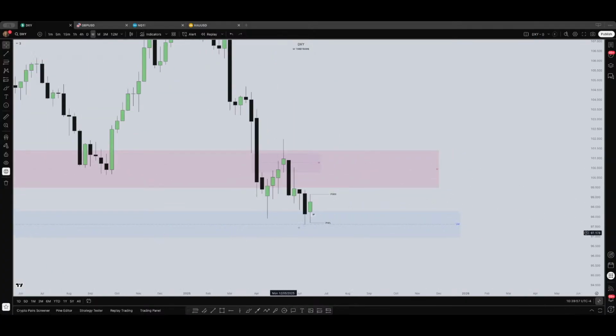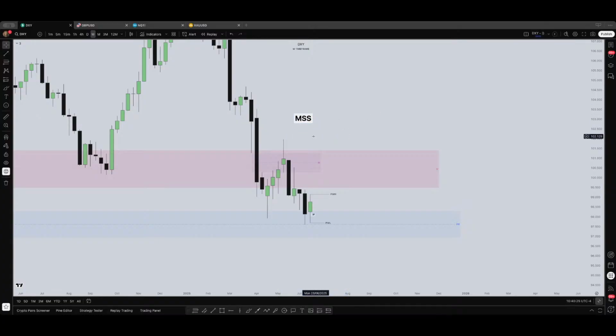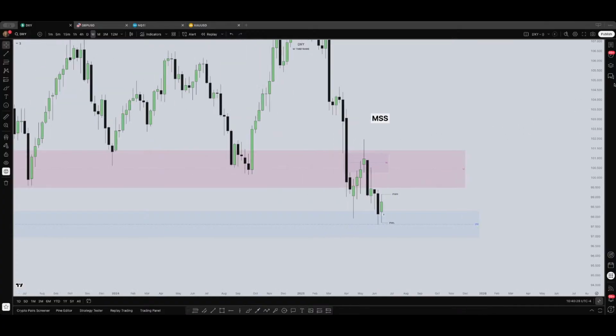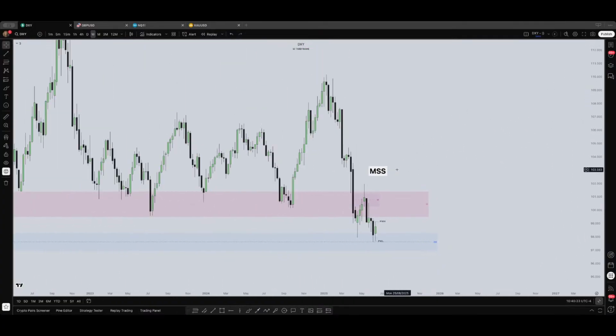It will be nice to see price going higher now and take this previous high, and make a market structure shift. Why would that be nice? Because that would mean for me we are going bearish for the dollar, bullish for the next month.